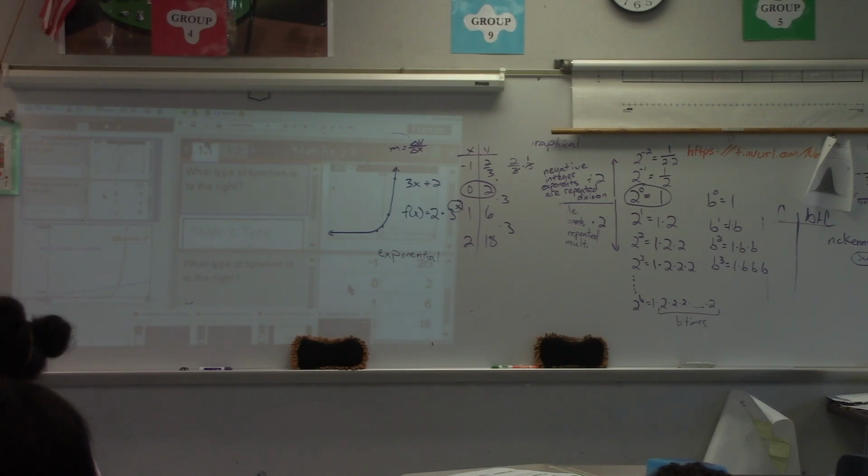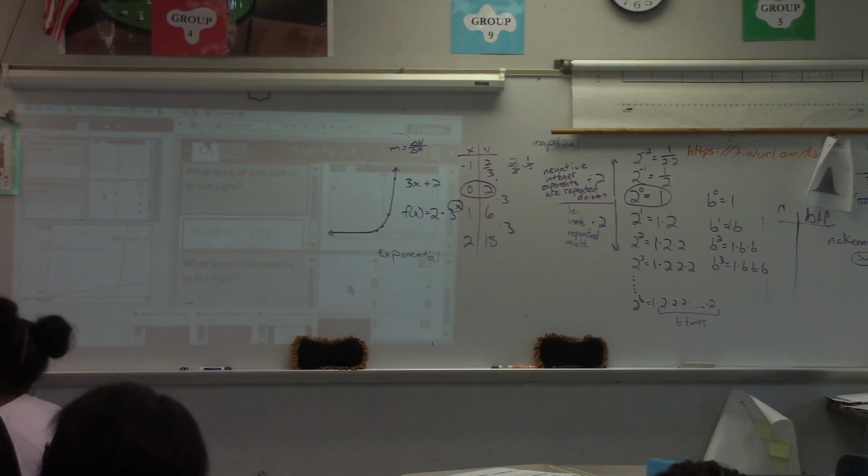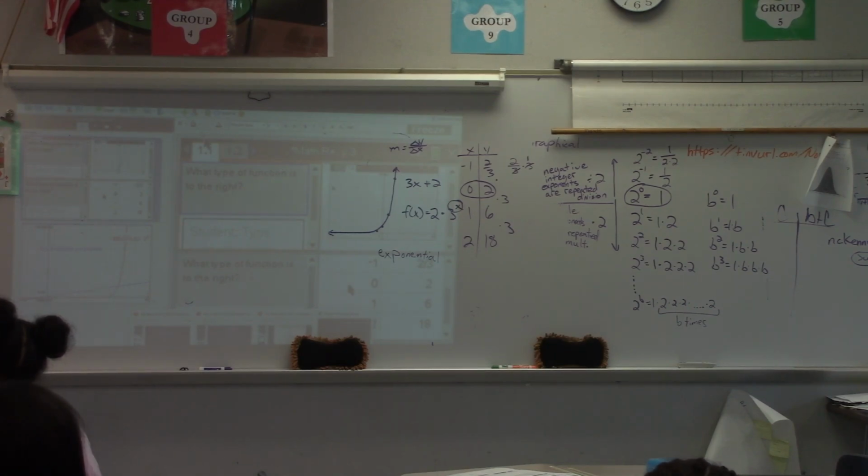What defines them? Constant additive and constant multiplicative. Linear has that constant additive rate of change that defines the table, the graph, and the equation. Whereas an exponential has a repeated or constant multiplicative rate of change. Right?